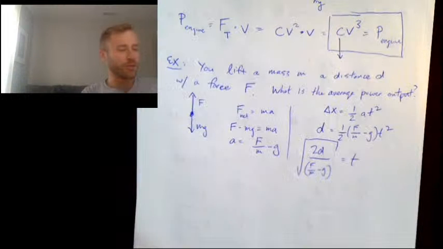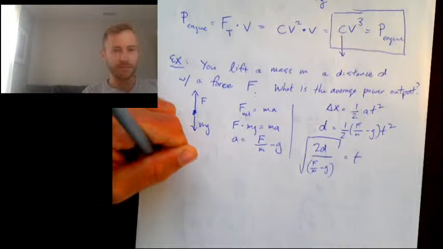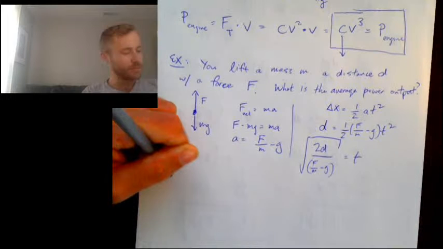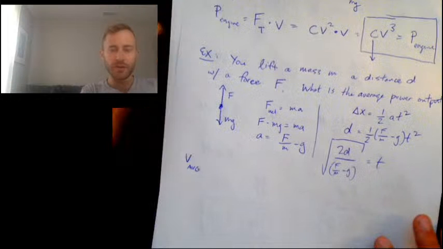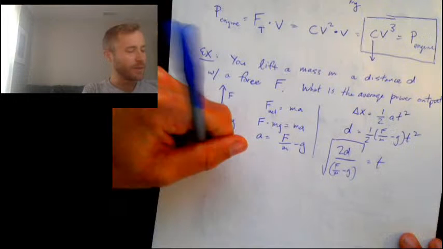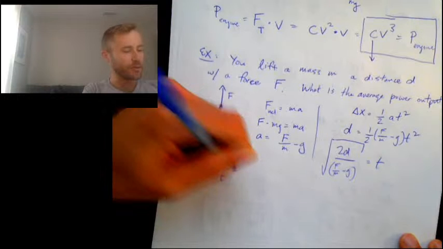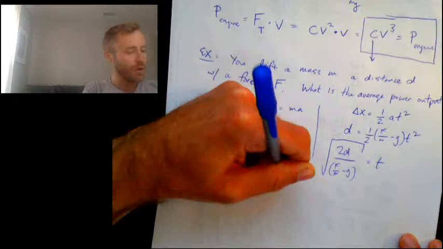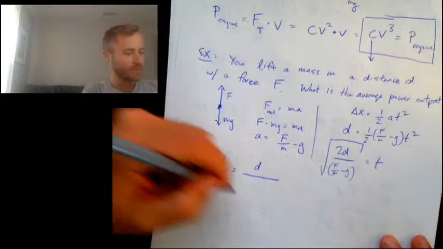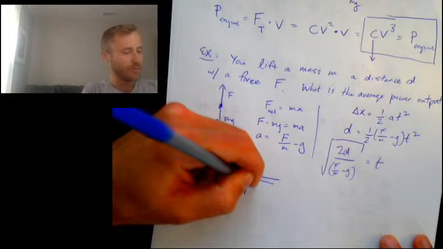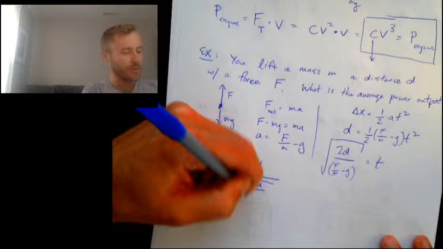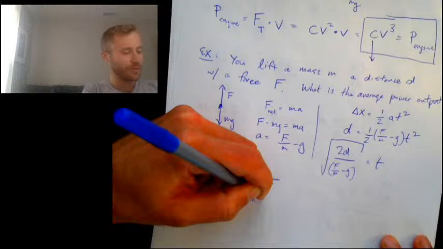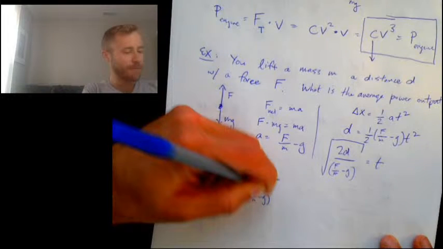So then the average velocity is going to be distance over time, which is d over the square root of 2d over (F over m minus g).